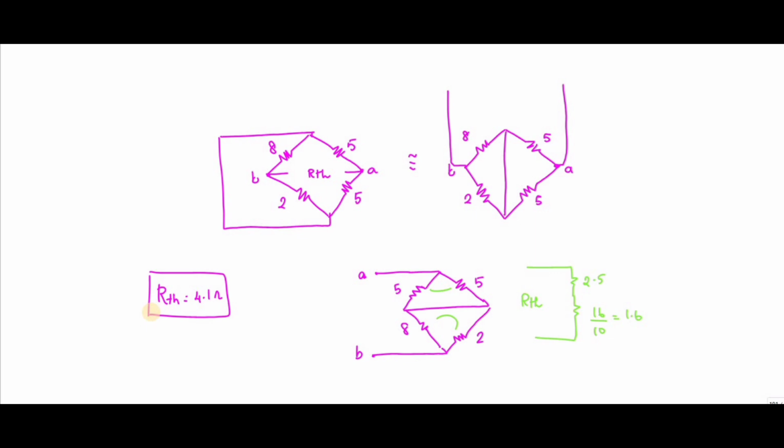So next, to find the value of ISC, you have to short the terminal between A and B. So this is how the circuit is, right?